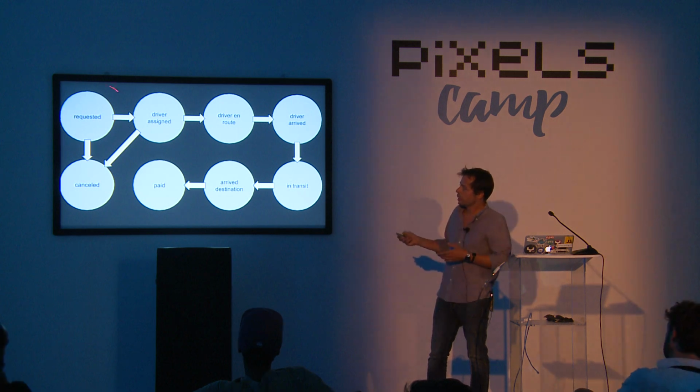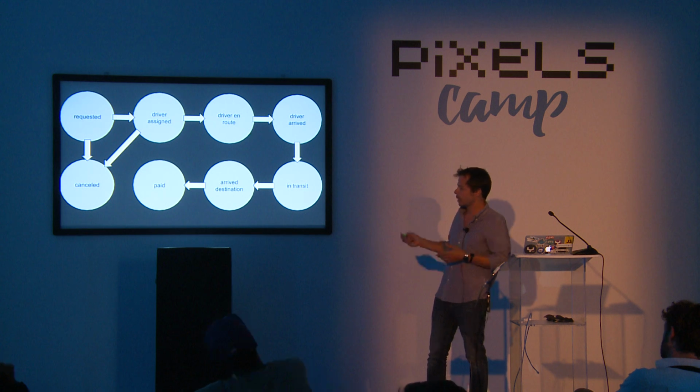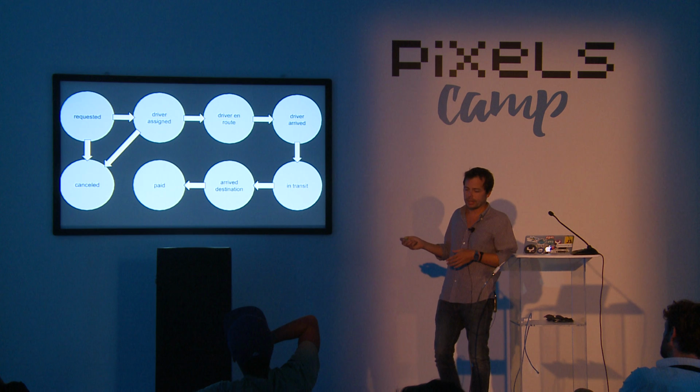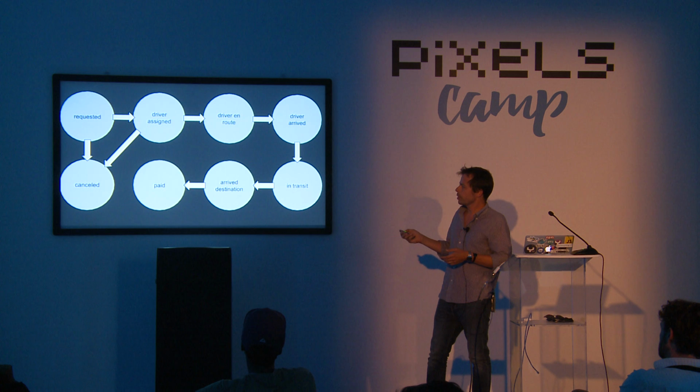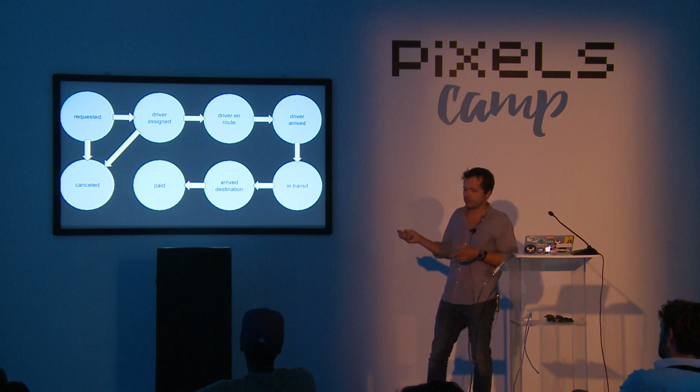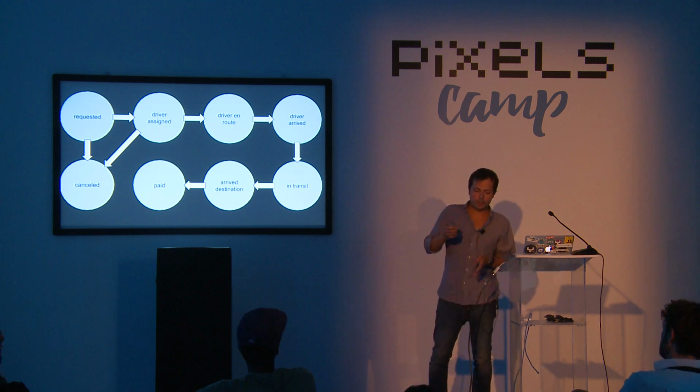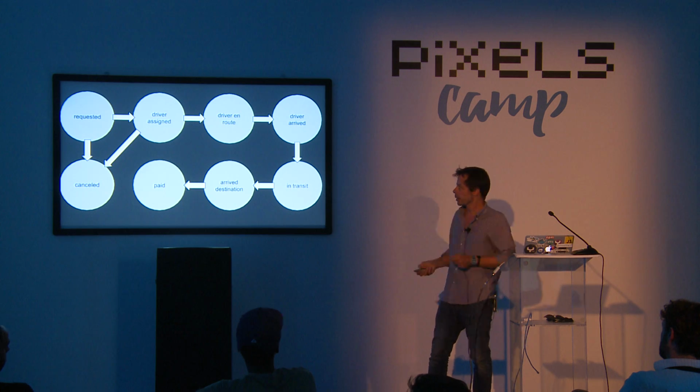So we can go from taxi has been requested to driver assigned, driver en route, driver arrived, etc., or it can be cancelled, and it can be cancelled from any other point, I guess. I'm not sure. So the thing is that state transitions are performed in lockstep, either by the client or the CLERK.